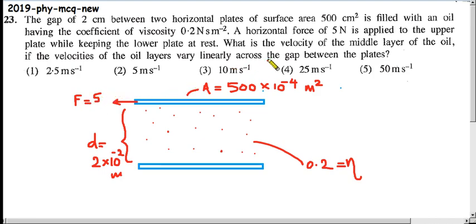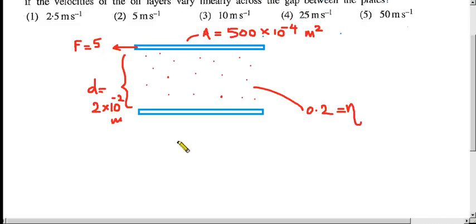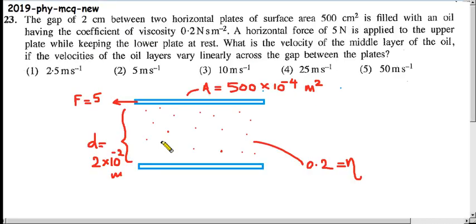Then what they ask is the velocity of the middle layer. So do you remember the equation for these types of flow?